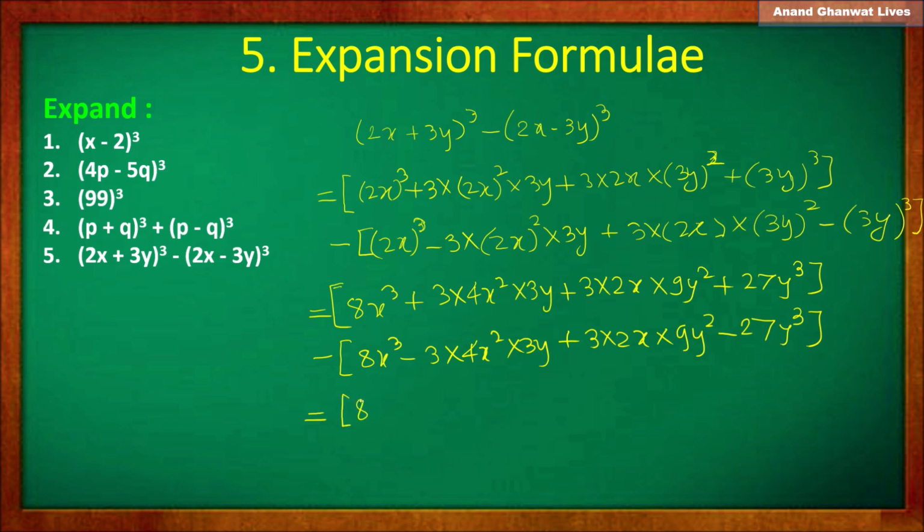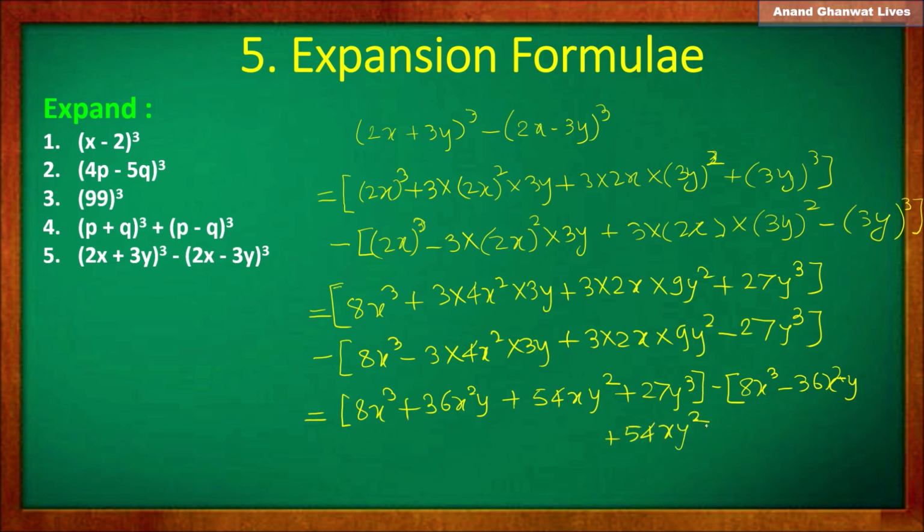8x cube plus 3 into 4 into 3, 36, and x square into y, x square y, plus 2 into 3 into 9, 54, x into y square, that is xy square, plus 27y cube minus, so same terms but signs are different here, 8x cube minus 36x square y plus 54xy square and minus 27y cube.